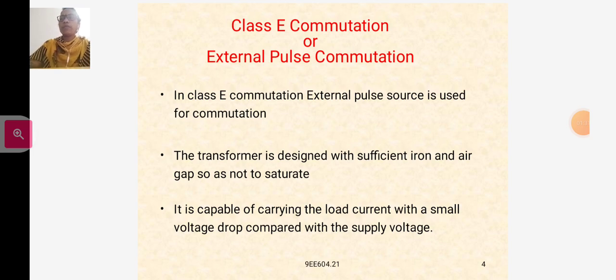In this technique, a reverse voltage is applied to the conducting thyristor from an external pulse generator. It is called external pulse commutation. The pulse generating transformer is so designed with a very small air gap between the primary and secondary windings to avoid saturation.